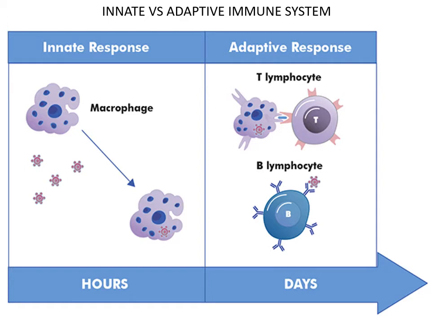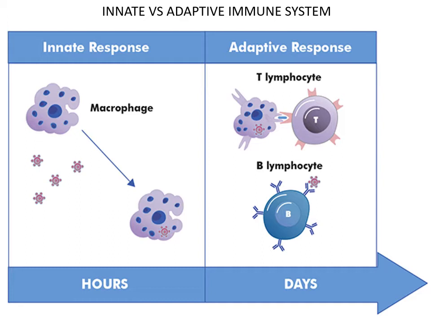The adaptive immune system is that slower system to respond, and that consists of T and B lymphocytes, and they're going to develop a long-term memory to this particular infection, so that next time this infection shows up, they'll be ready to attack. Okay?